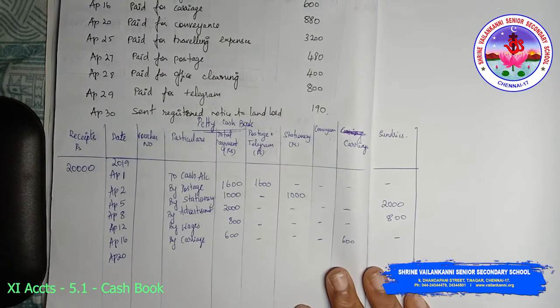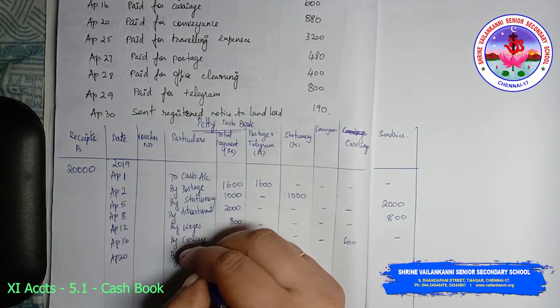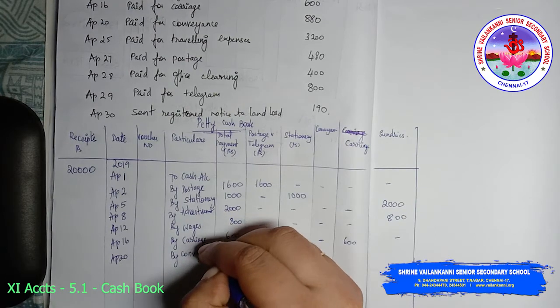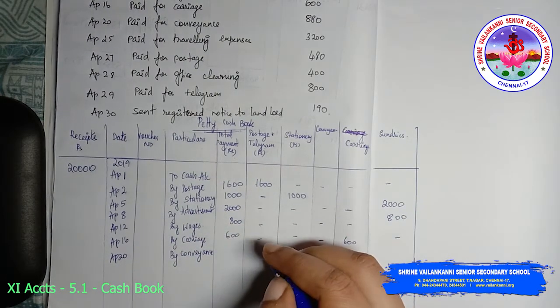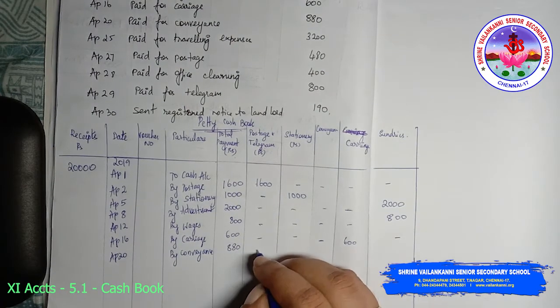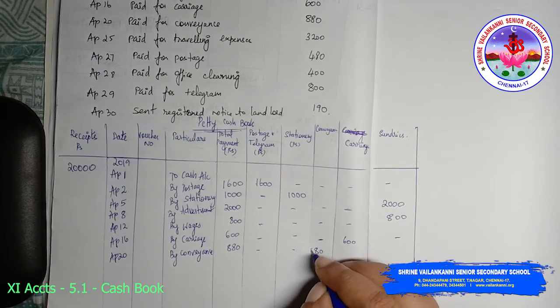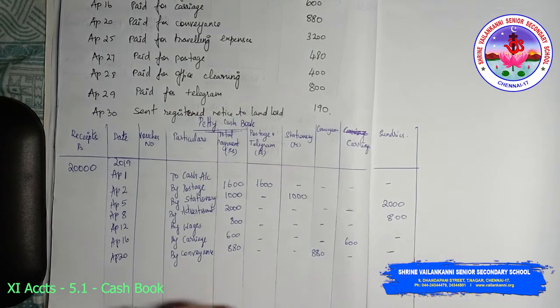Then April 20, paid for conveyance, by conveyance, 880. Across conveyance I write 880, others nil.